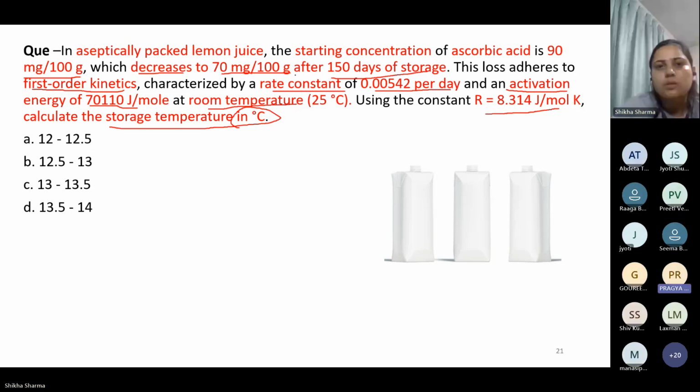The concentration is decreasing from 90 mg to 70 mg per 100 g in 150 days, and we have the activation energy also. So we need to correlate with the temperature and then find the storage temperature.